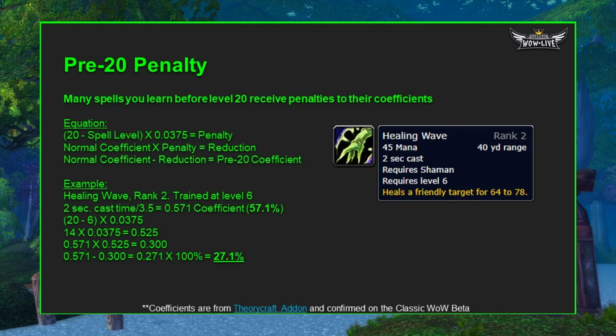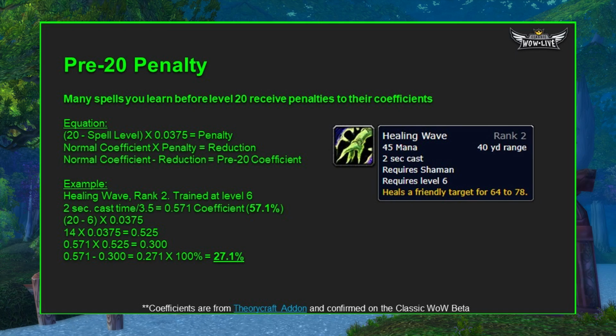Let's go through the example. Healing Wave rank 2 is trained at level 6 and has a 2-second cast time. So 2 seconds out of 3.5, we should normally get 57.1% of our spell power attributed to Healing Wave rank 2. If we plug in all the numbers for that formula, 20 minus 6 times 0.0375, we get 0.525. You multiply the theoretical coefficient by that 0.525 to get a reduction of 0.3.